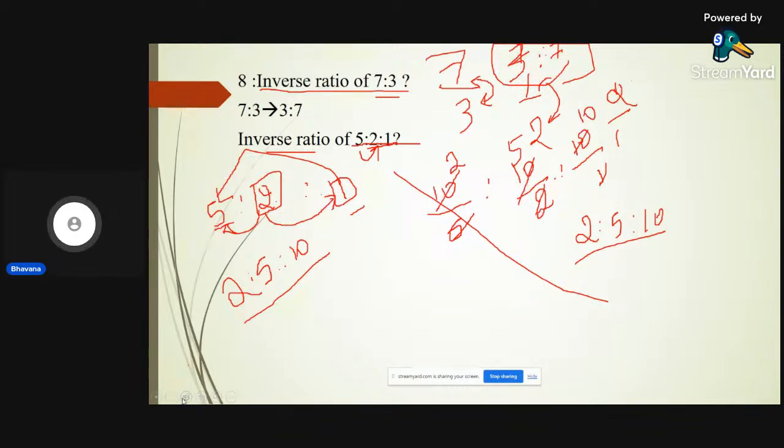Now you do the next problem. I will give a 3-term ratio format, and just answer in the comment box: 3 is to 2 is to 1. Just answer this.